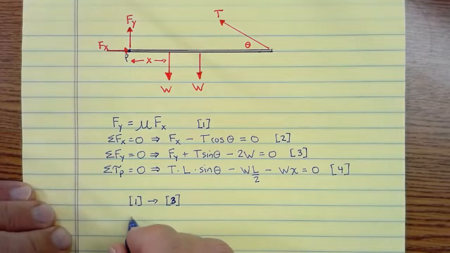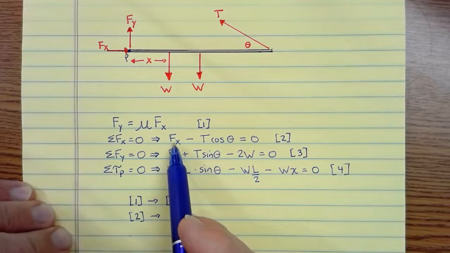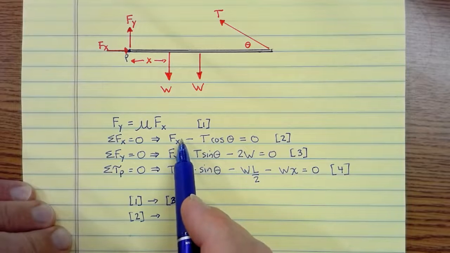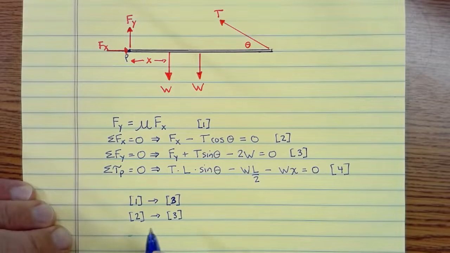Okay? The second thing you want to do is take equation 2 and stick that into equation 3. So equation 2 can be solved for Fx. Stick that into what you have for equation 3 now, and that will eliminate Fx. Then you're going to have equation 3, which isn't going to have any Fx or Fy in it.